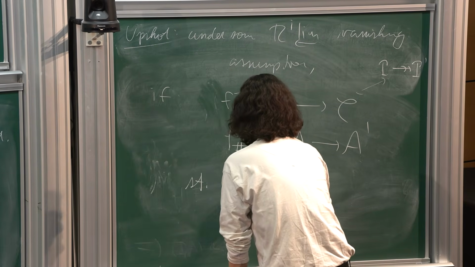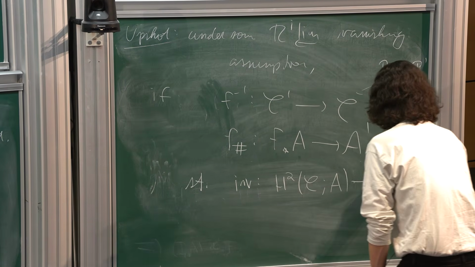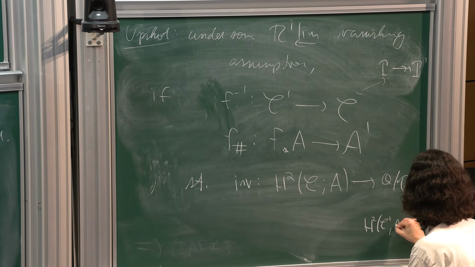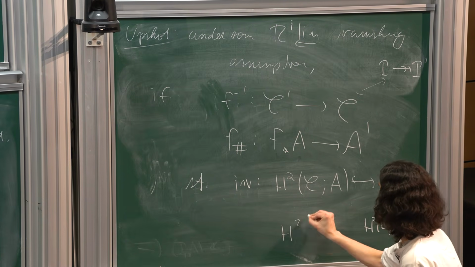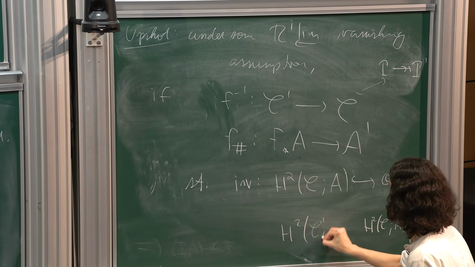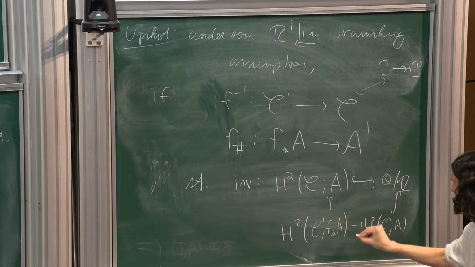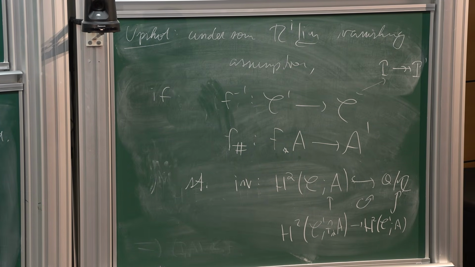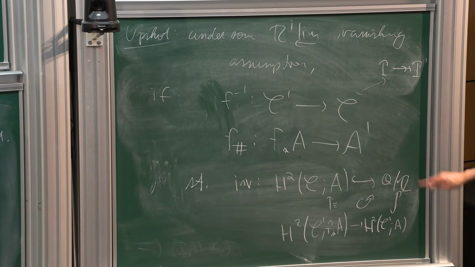You take the invariant map, which is defined on H^2(C, A) and maps to Q/Z. On the other hand, you have the invariant map for C prime, A prime, into Q/Z. And then we have C prime, F lower star of A. Then there are maps like this, and you have to require that the diagram commutes.